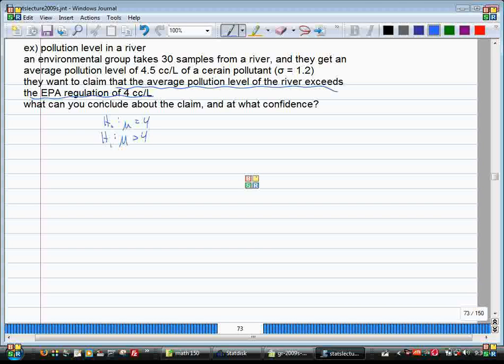Right, so the mean. Now what's the notation for the mean? It's not mu. Mu for x bar, exactly.